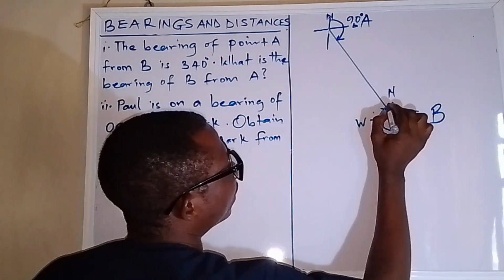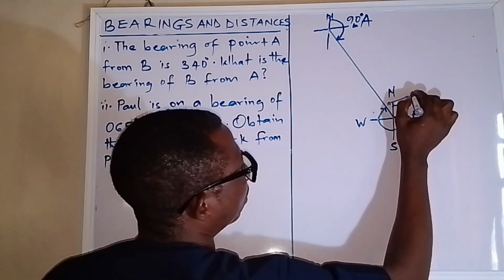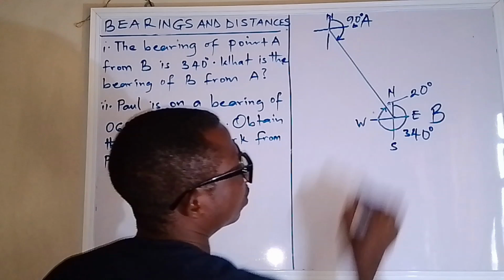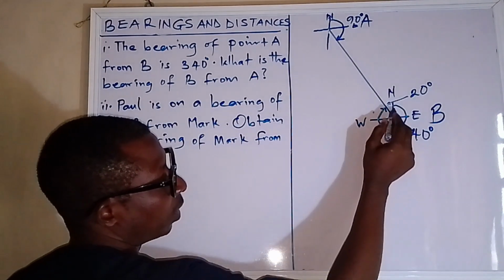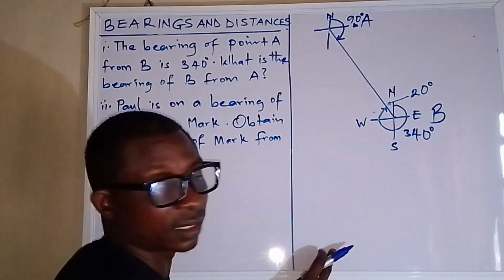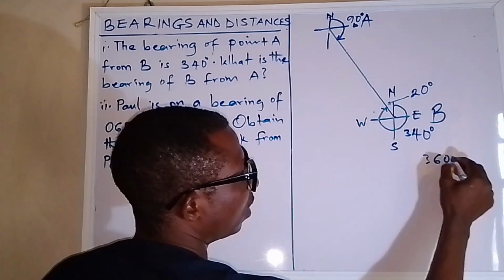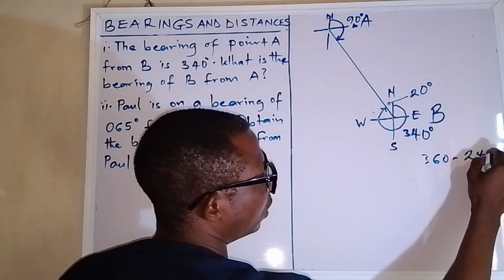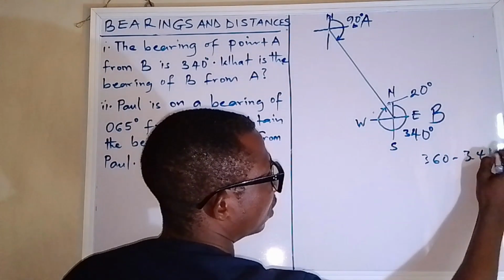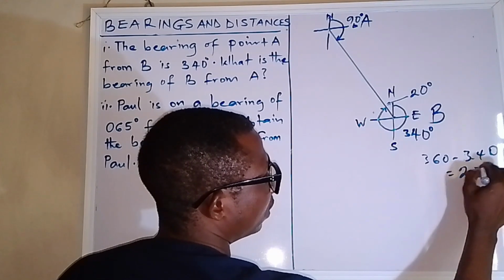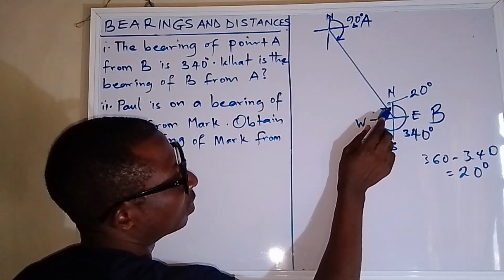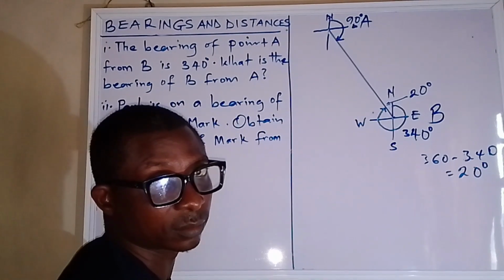This place is 20 degrees. Because a complete revolution is 360. So we just say 360 minus 340 degrees. That gives you 20 degrees. So that means this place is 20 degrees.